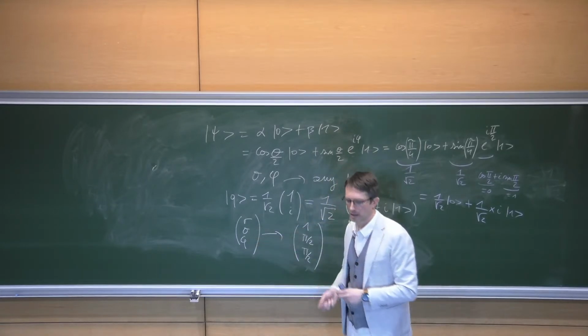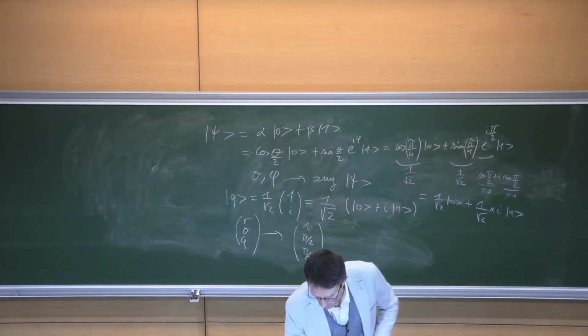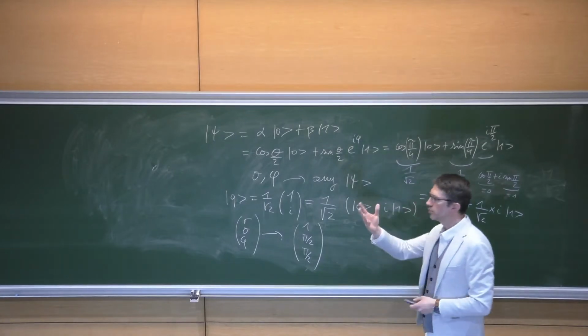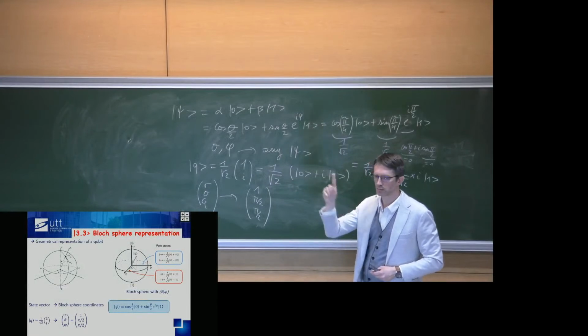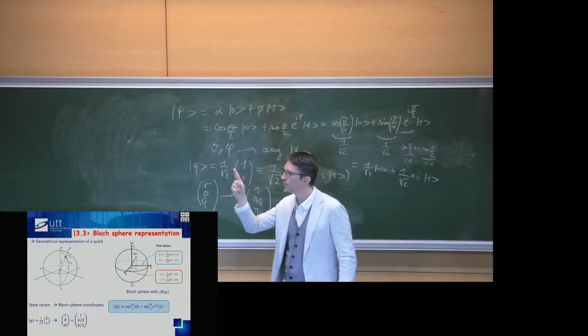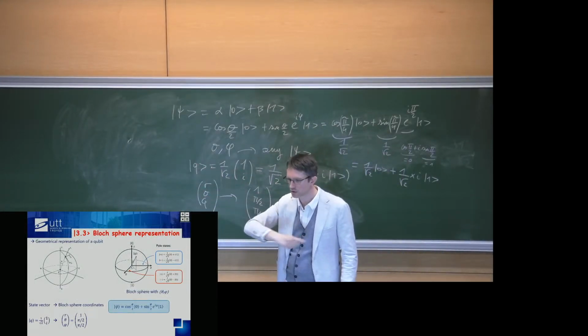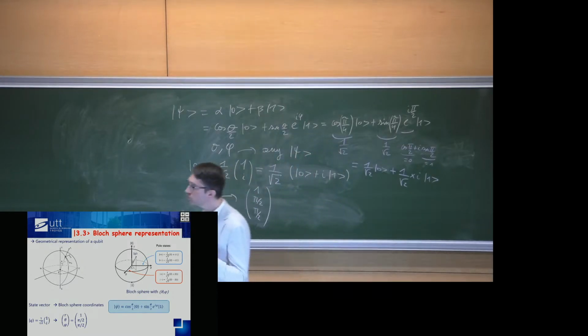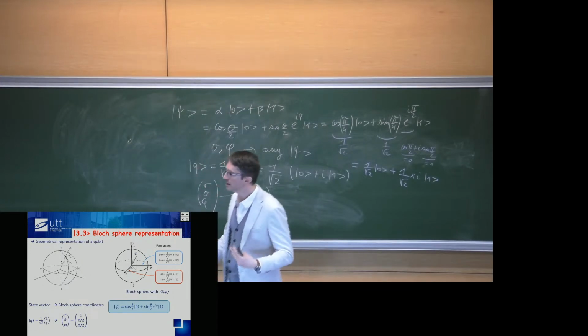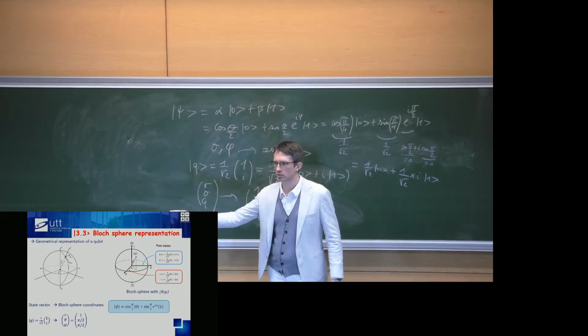And again, you'd say, okay, why do we need that? Well, first of all, because it gives us a geometrical representation of a qubit, and the pointing of the qubit gives us the direction, which is sometimes very useful. We will see later on when we manipulate the qubit with several gates.